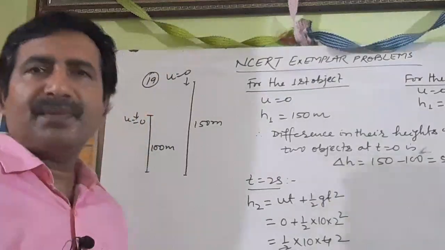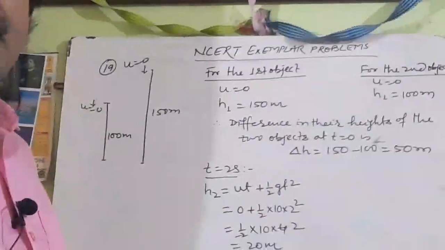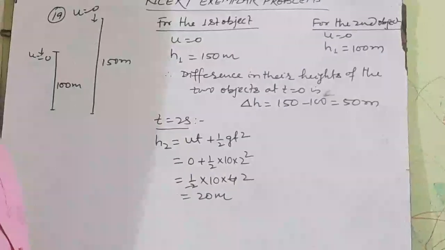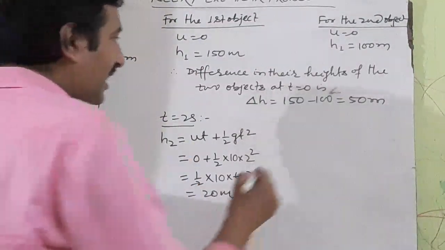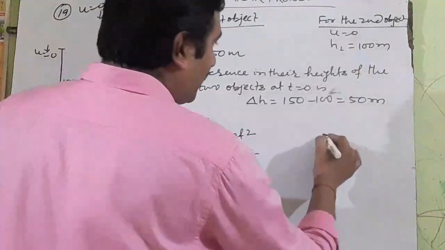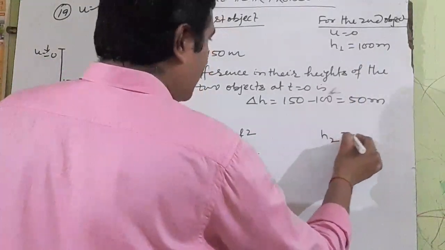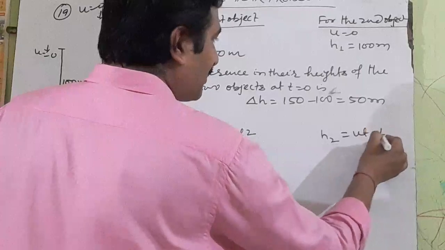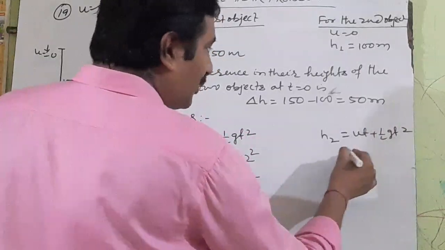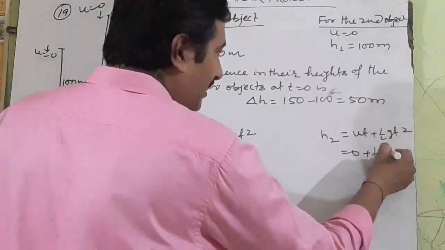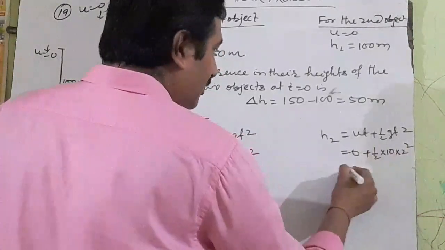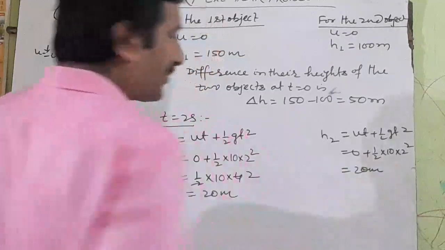What does it mean? The first object has come down through 20 meter, and for the second object you see h2 is ut plus half gt square. Again u is 0, half g is 10 into 2 square, this is also 20 meter.